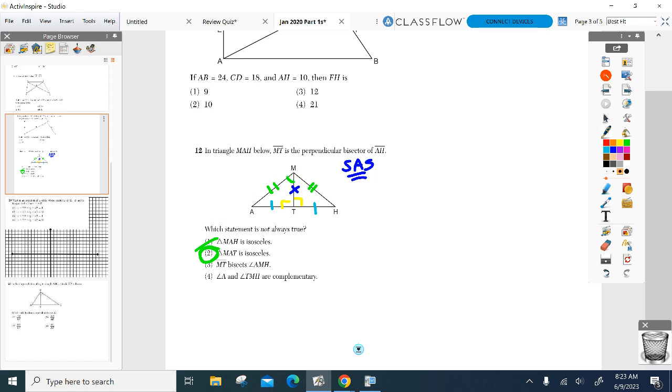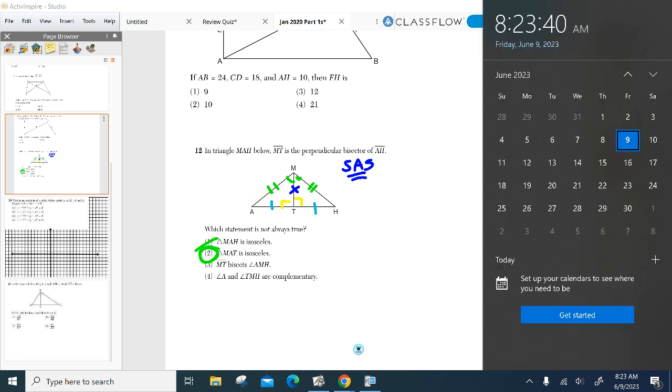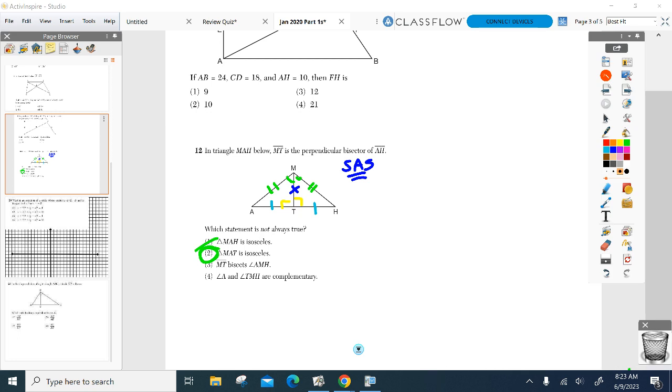By CPCTC. So that must mean MT bisects it. And A complementary to TMH. How much time? I'm going to get by that one. Probably not. No, I'm not. I'll go over that one on Monday.